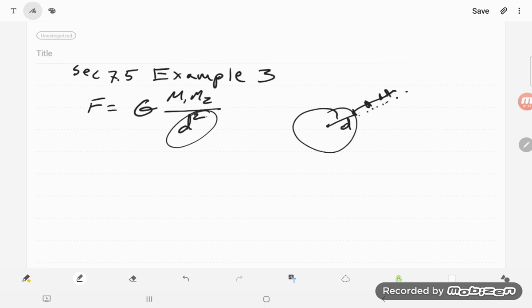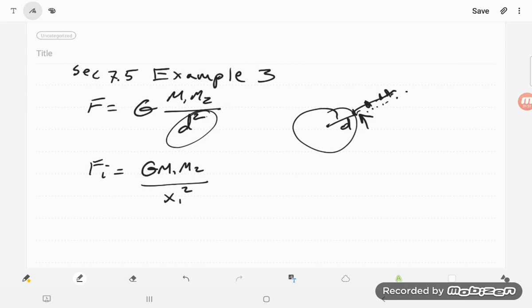And so we need to just estimate with little dx's. We'll have force at any given interval i is going to be our g, our m1, m2, divided by our particular xi squared that we have here as we go.